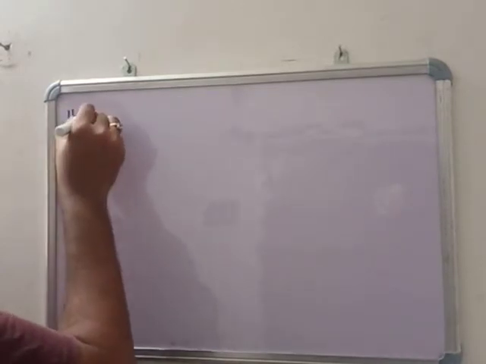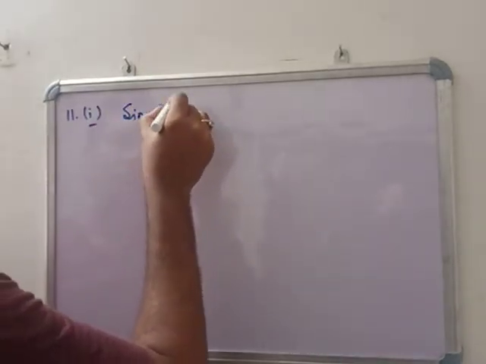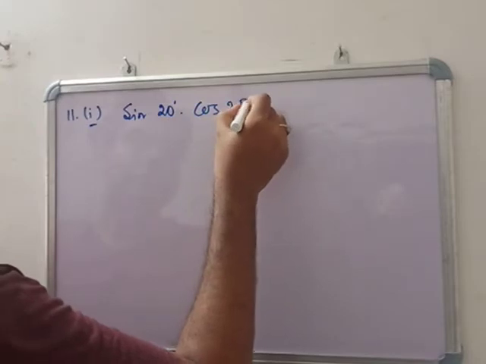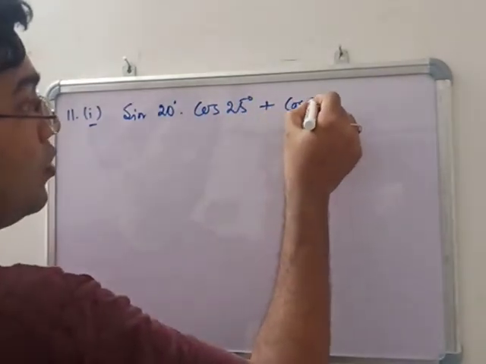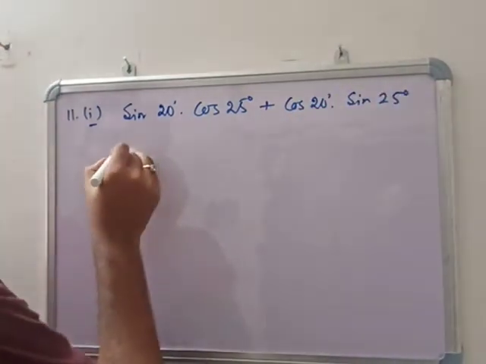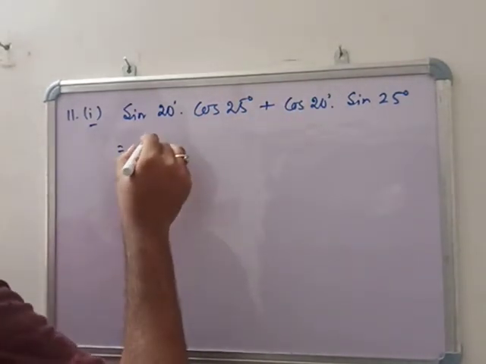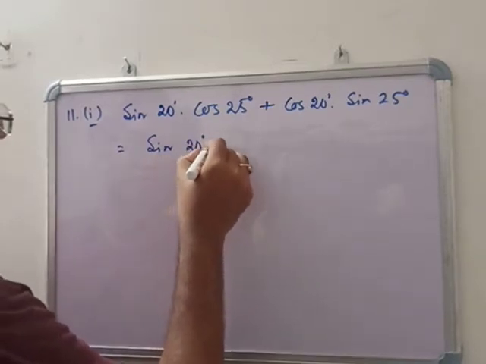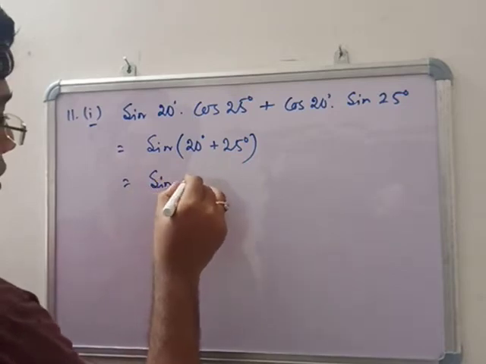Now in 11.1, see that sin 20 into cos 25 plus cos 20 into sin 25. So that means this is in the form of sin A cos B plus cos A sin B. That means sin(A plus B), so that means sin 45 degree.